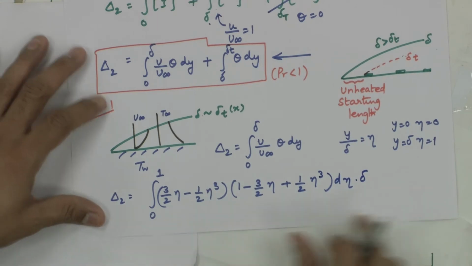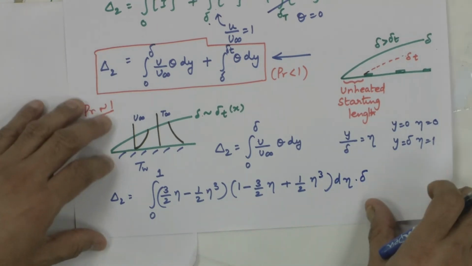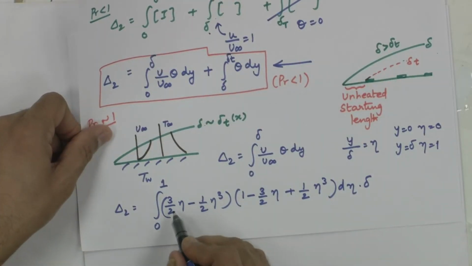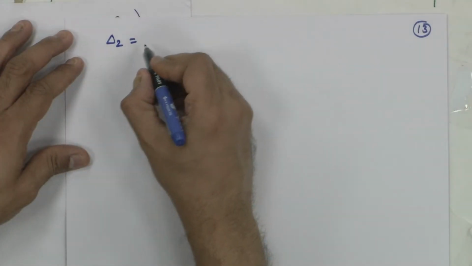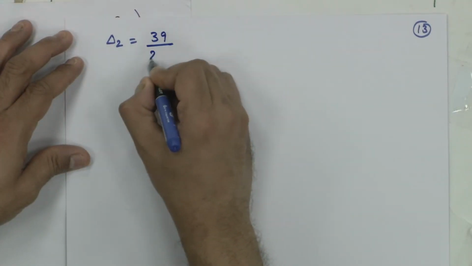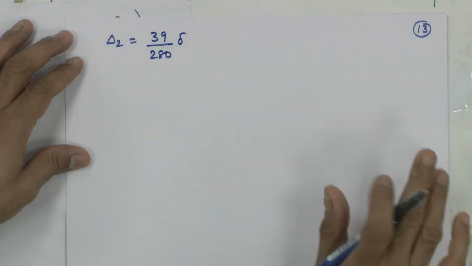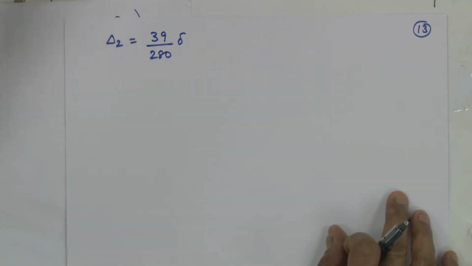Okay. This is the integration. So, once I do this maths, I am not going to do this maths. After I do this maths, you have to expand the bracket here, and you would have 5 terms, apply the limits, you would get delta 2 is equal to 39 by 280 delta. This is just maths, I am leaving this as an exercise, 39 by 280 into delta.